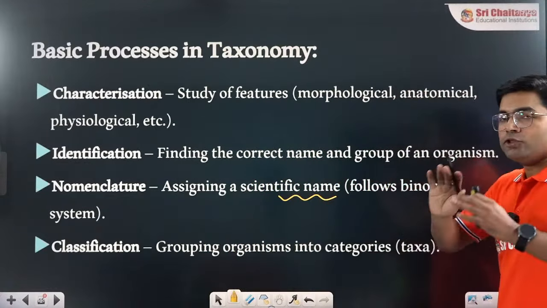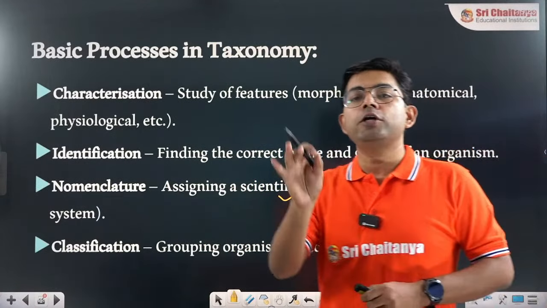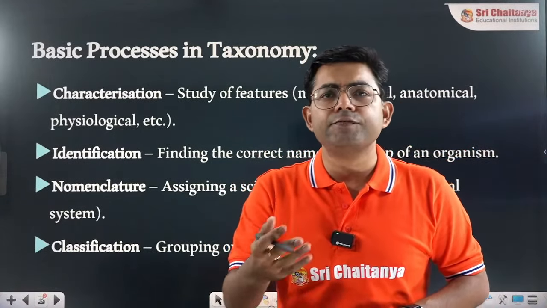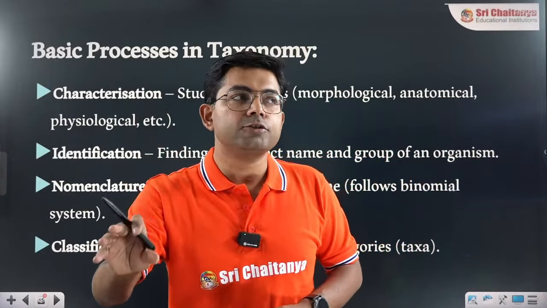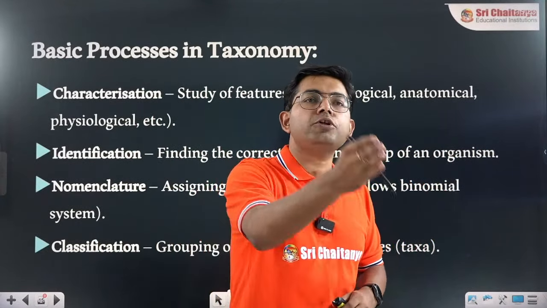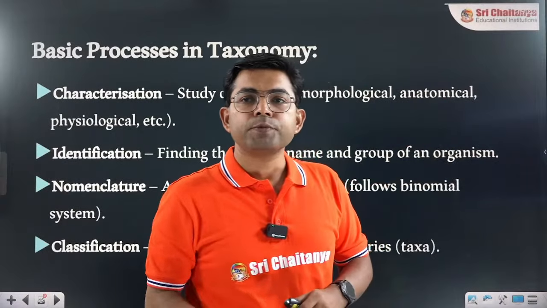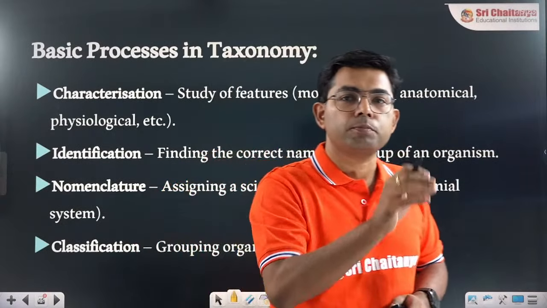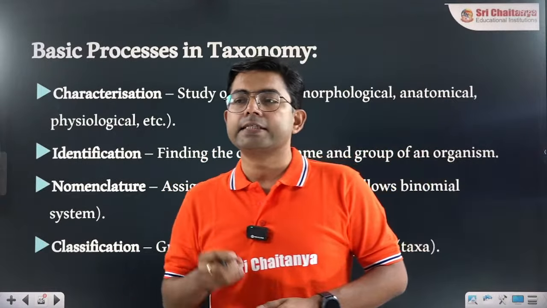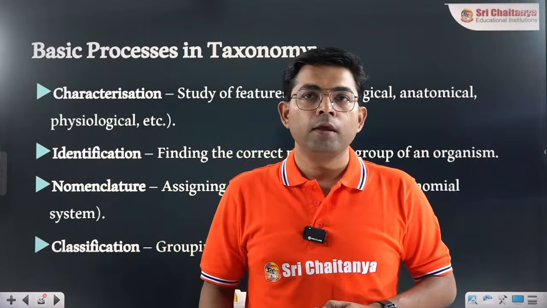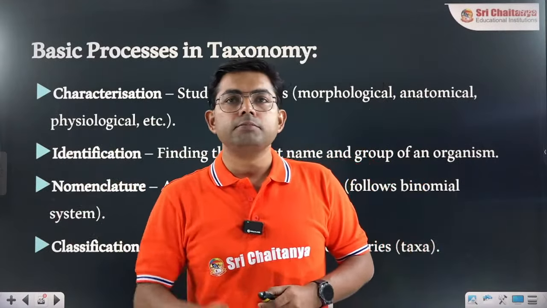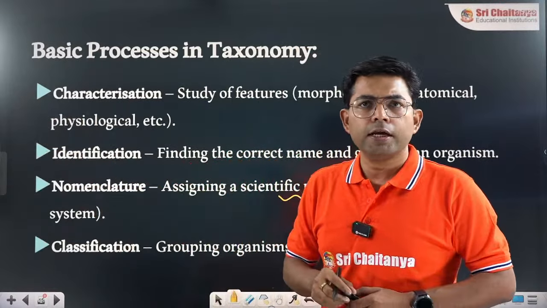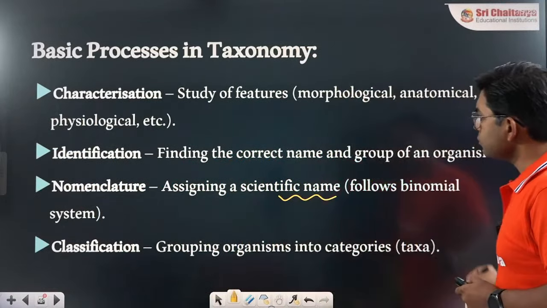And finally, once you do the nomenclature, then you will do the classification. Classification means on the basis of their features, you will put them in their respective groups. For example, if you see that it has characters matching with amphibians, matching with aquatic organisms, then accordingly you will put them in different organisms.